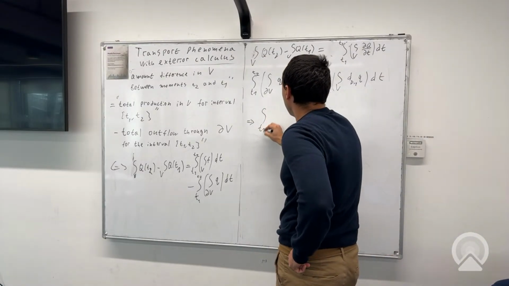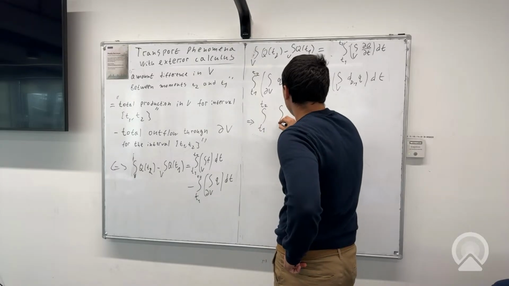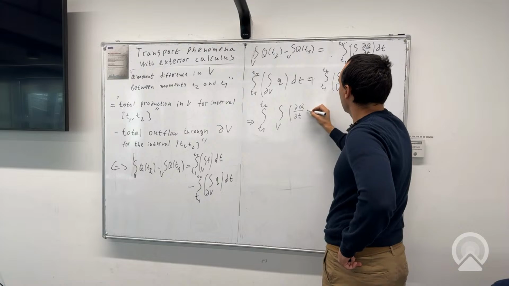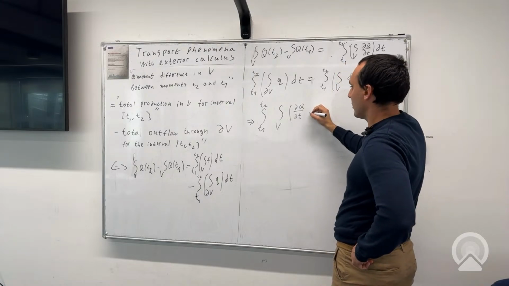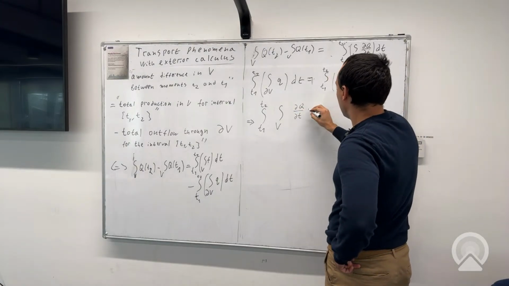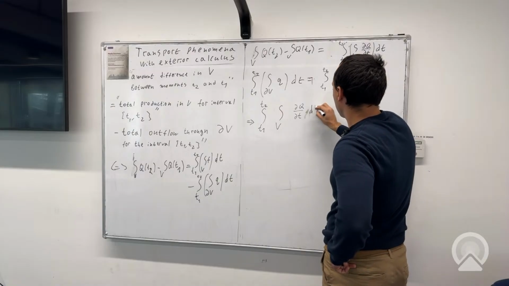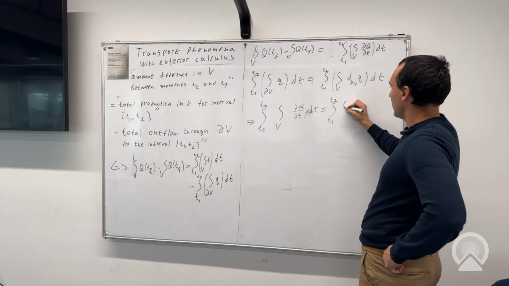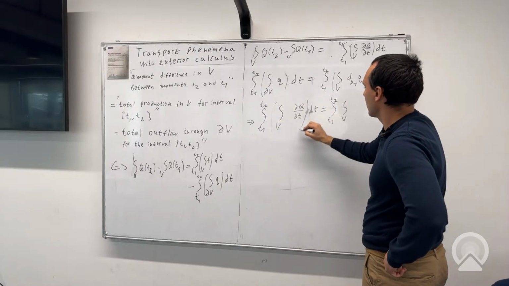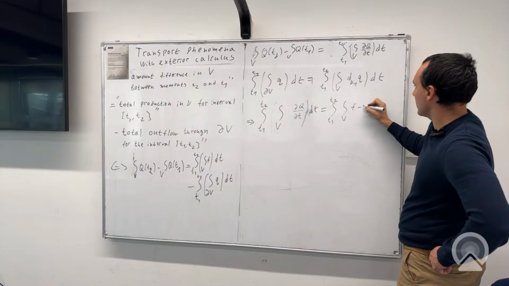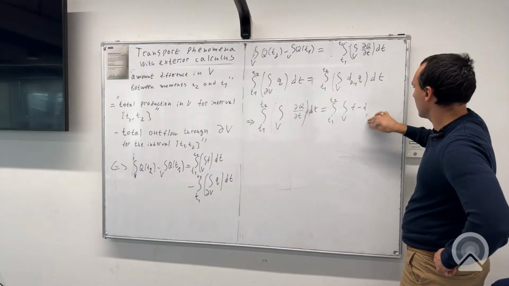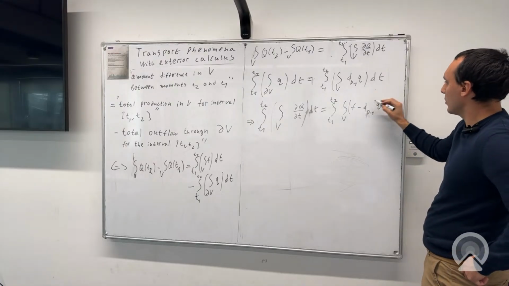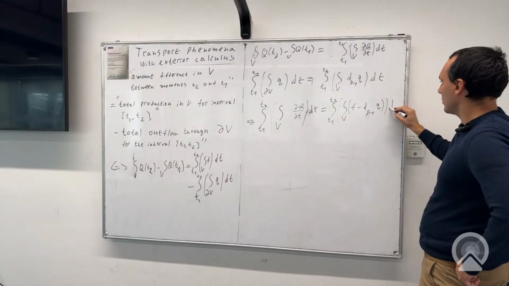dt. And so what we get is that the integral over T0, T1 of V, and here we have dQ/dt, equals, and the whole is the same as the integral over T0, T1, integral over V of F minus d of Q, and the whole dt.